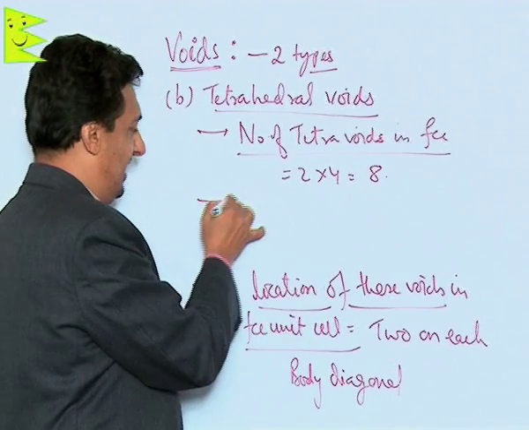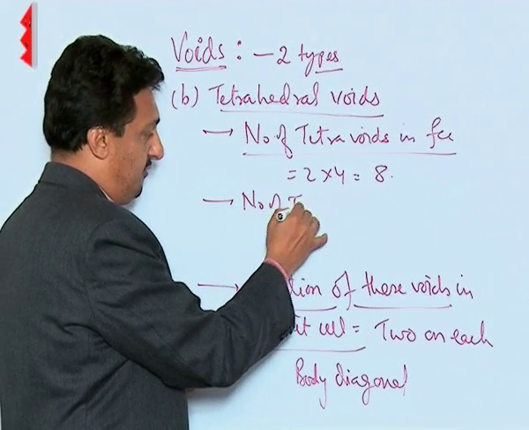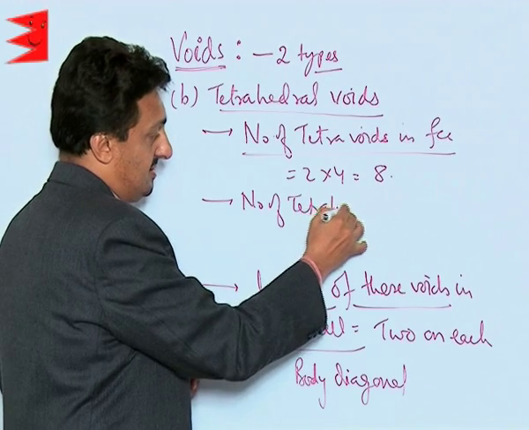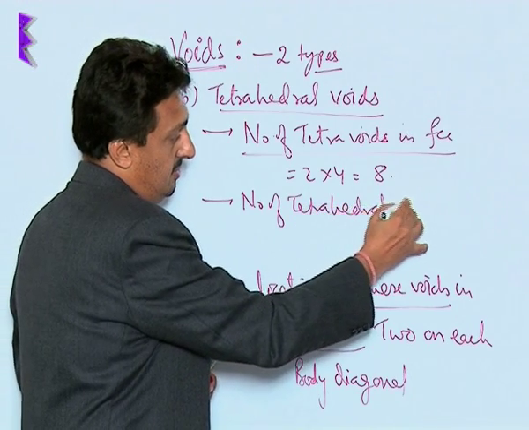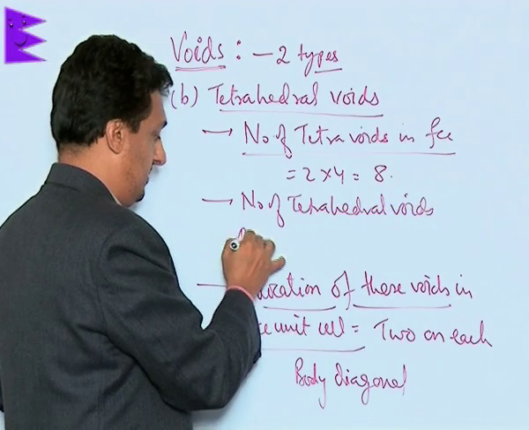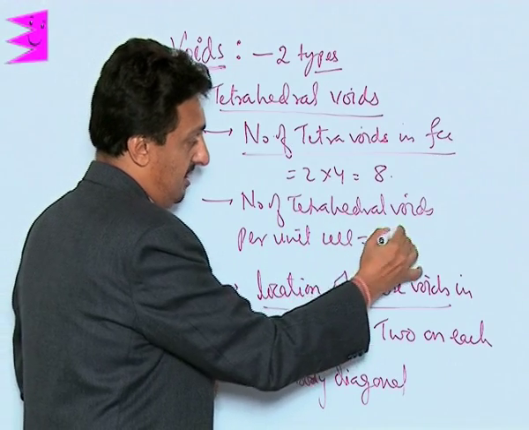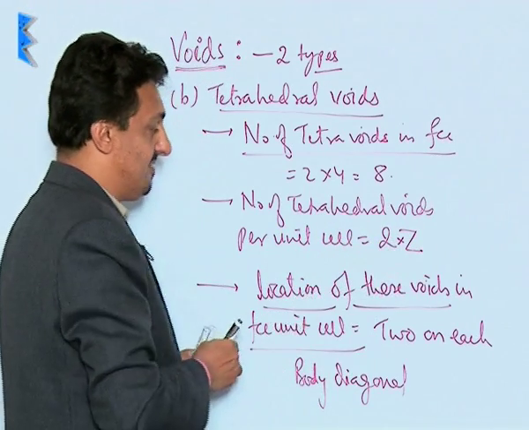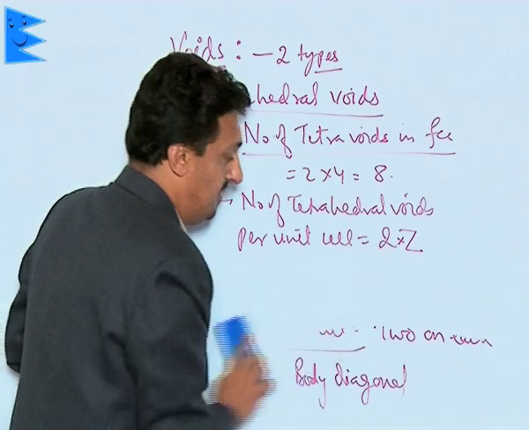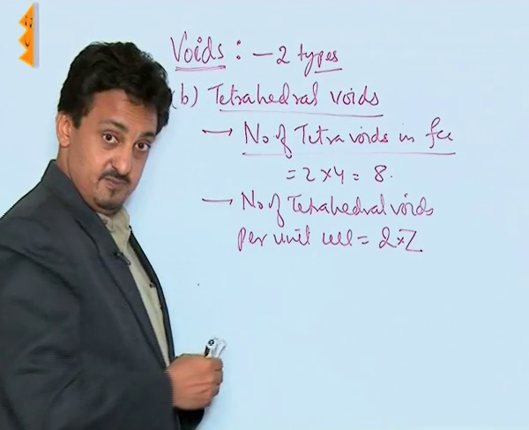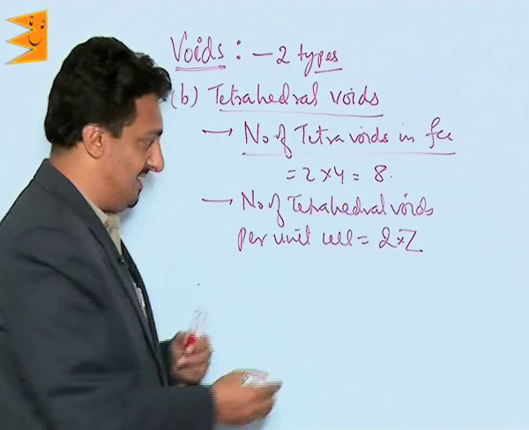So this suggests that the number of tetrahedral voids per unit cell is always equal to twice of Z, because in case of FCC the Z is 4, and it's double of this, so it's 8.